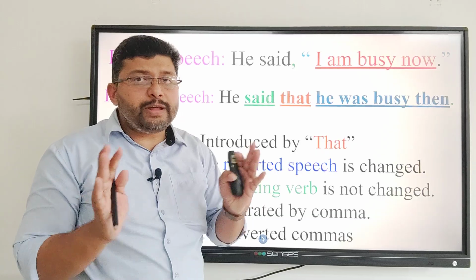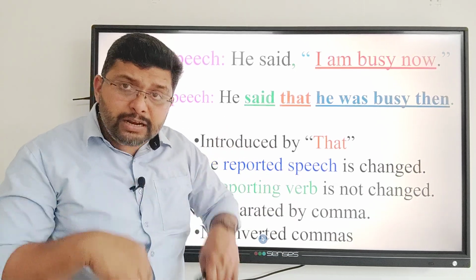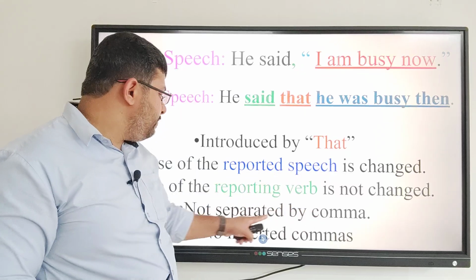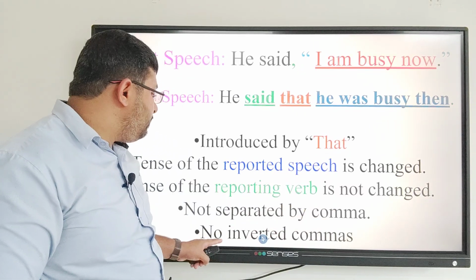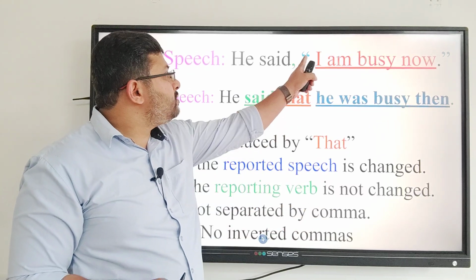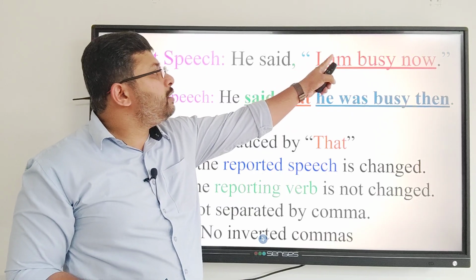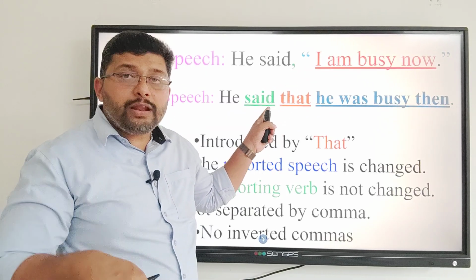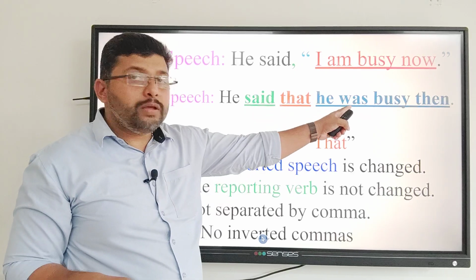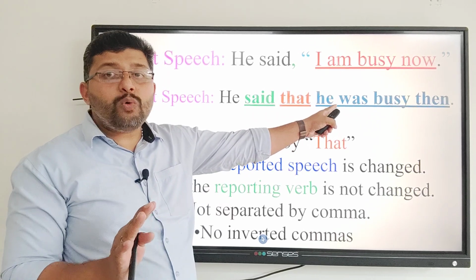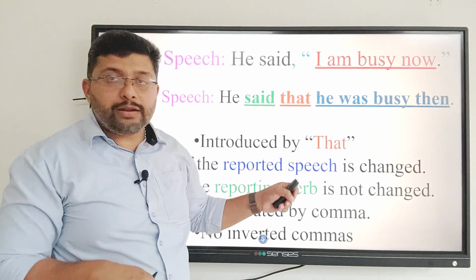Those are the features of direct speech. And in indirect speech, we will not use that comma, and we will never use inverted commas. Here you may see we have used inverted commas in direct speech. But in indirect speech, are there inverted commas? No. There will be no inverted commas in indirect speech.